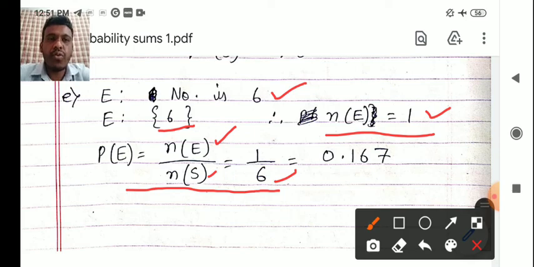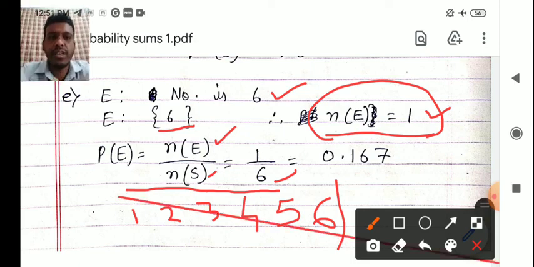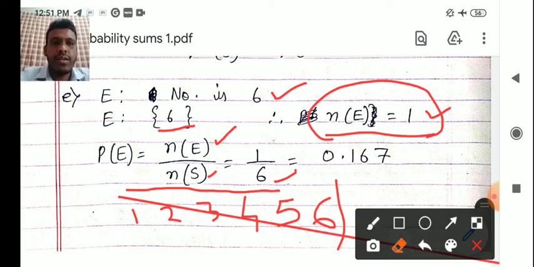Now if you have not understood why n of E is equal to 1, see here, what was the sample space? 1, 2, 3, 4, 5, 6. So out of these 6 numbers, how many items are there which are equal to 6?